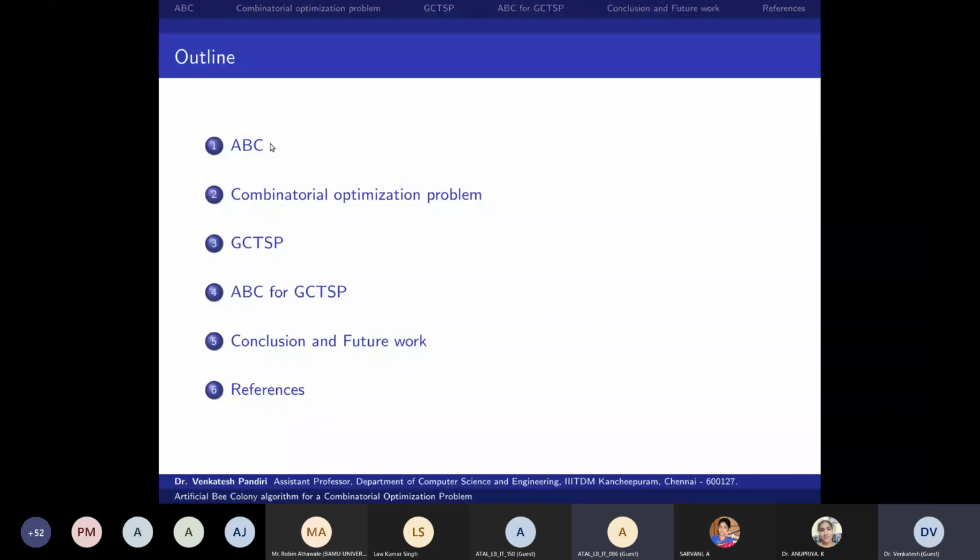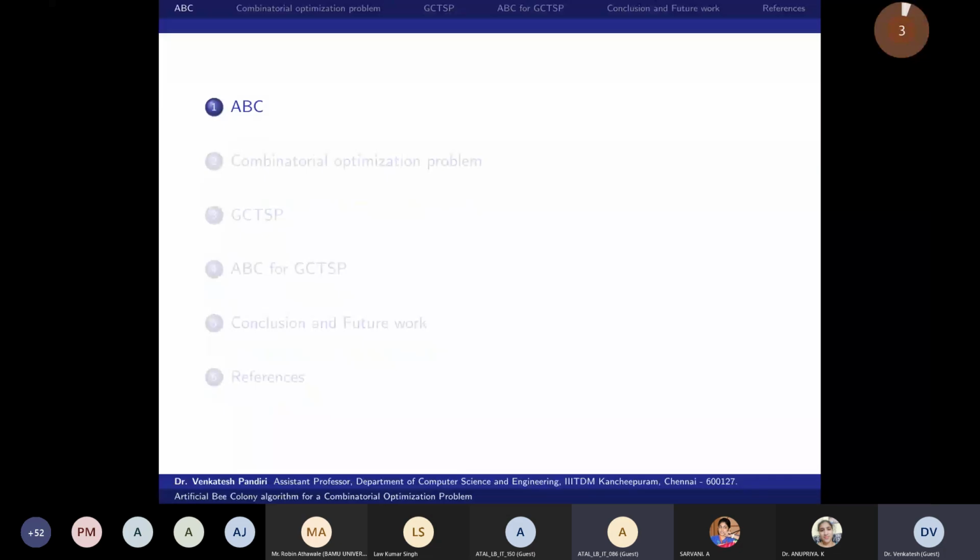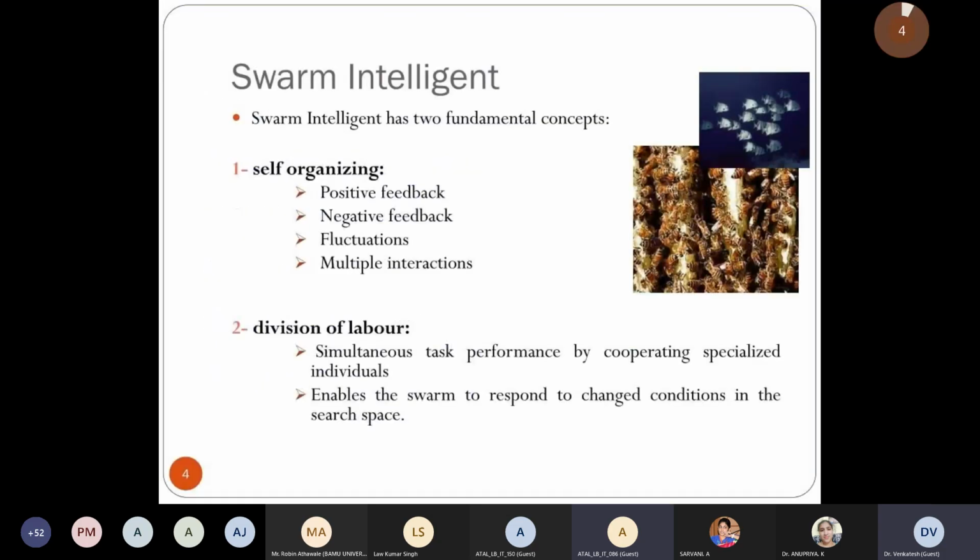First of all, we should discuss the artificial bee colony algorithm. What is the basic motivation behind proposing this algorithm, and how it is inspired from nature. Basically, this artificial bee colony algorithm is one of the swarm intelligence techniques inspired by swarm behavior in natural phenomena. Swarm intelligence mainly has two fundamental concepts.